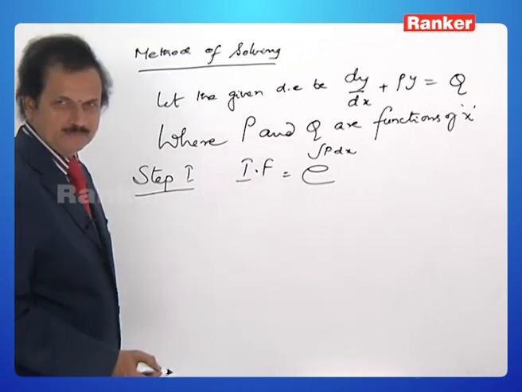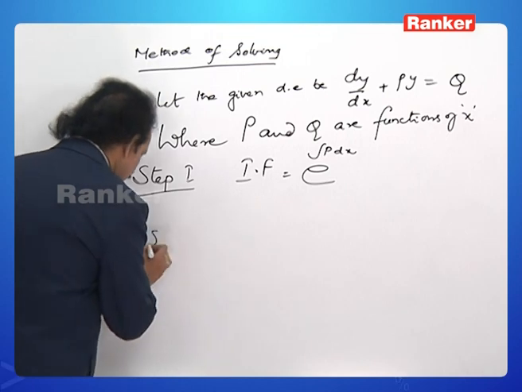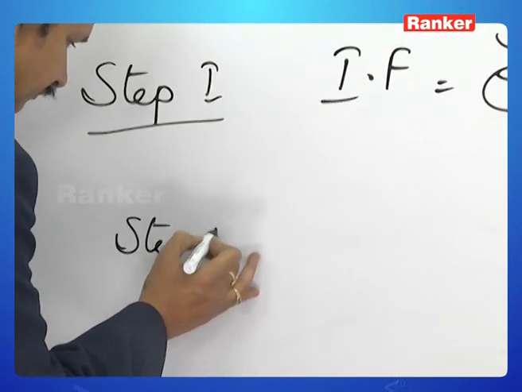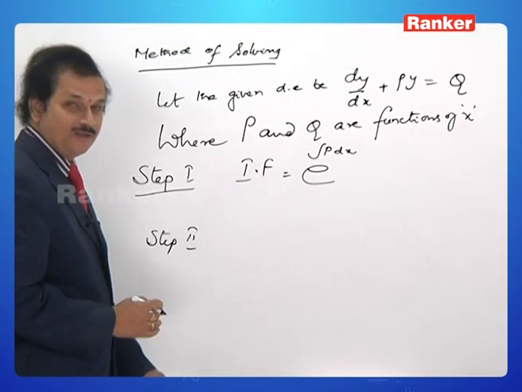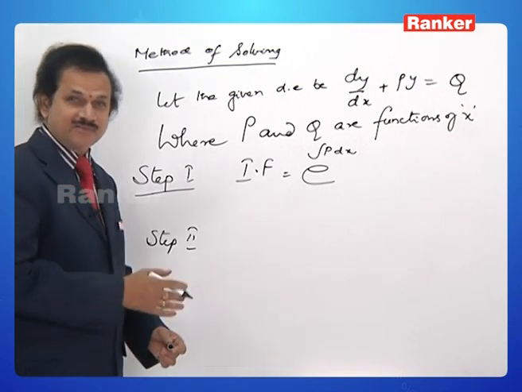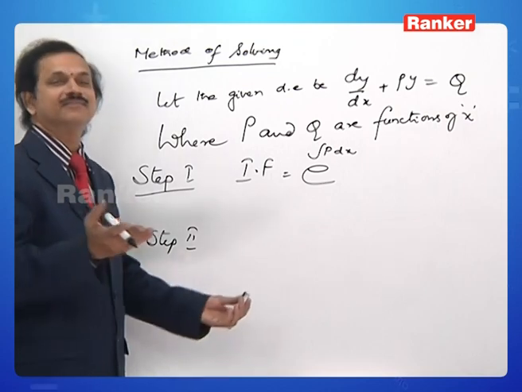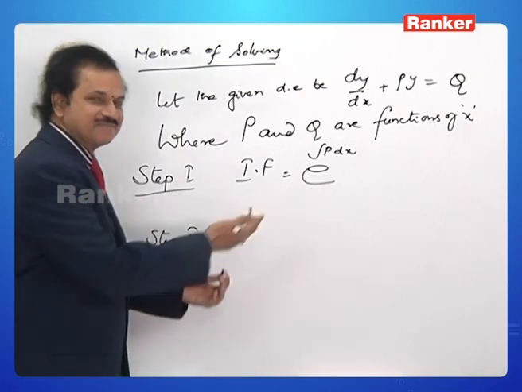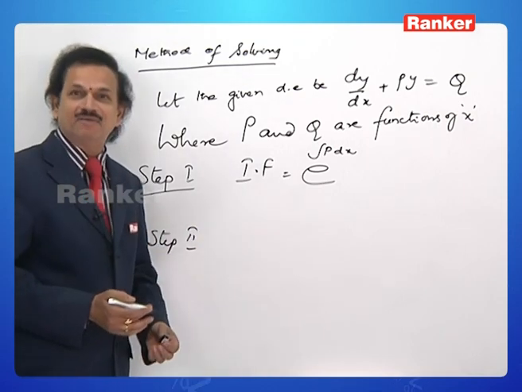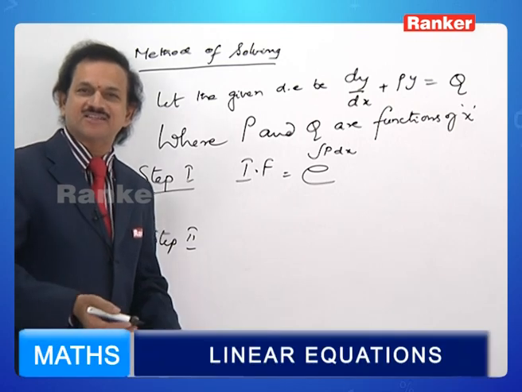This is step 1. And step 2. You may be guessing step 3, step 4, step 5, but there are no such things. This is the last step, of course. In this step, we directly get the solution.